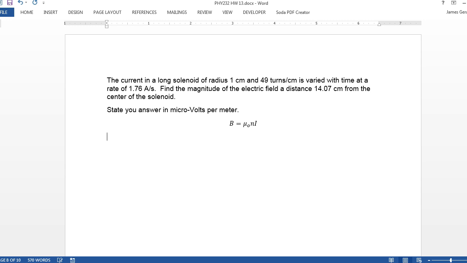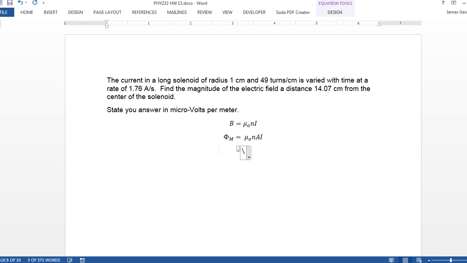And if we then look at the magnetic flux in the solenoid, well, the magnetic flux in the solenoid is just going to be that B times the area of the solenoid, so mu naught n I A, or I'm going to put A I, right?